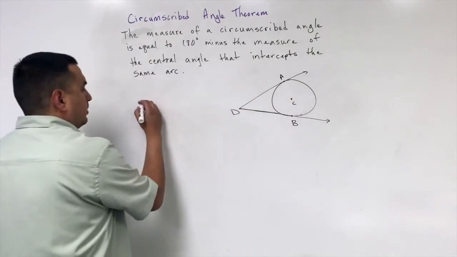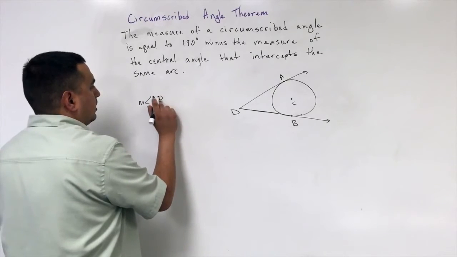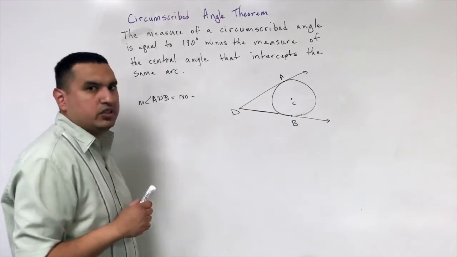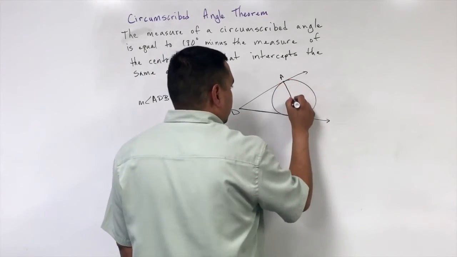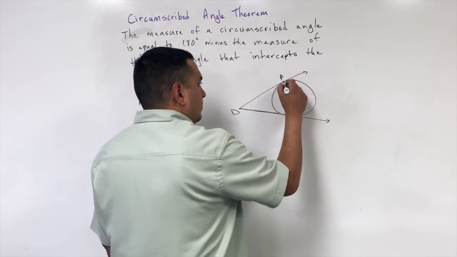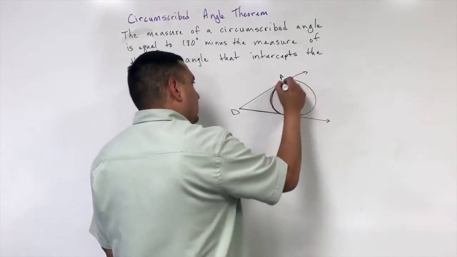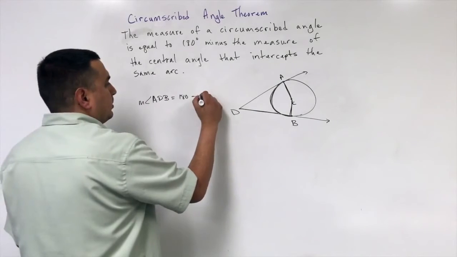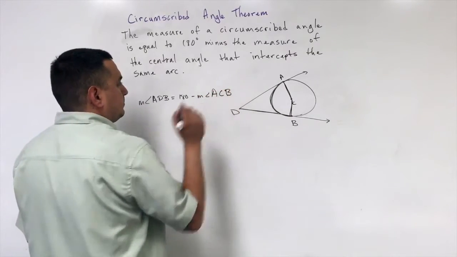So the measure of angle ADB is going to equal 180 minus the central angle. The central angle here, if I draw it, would be A to C to B. This central angle ACB shares this intercepted arc here. So the theorem says I would take 180 minus the measure of angle ACB.